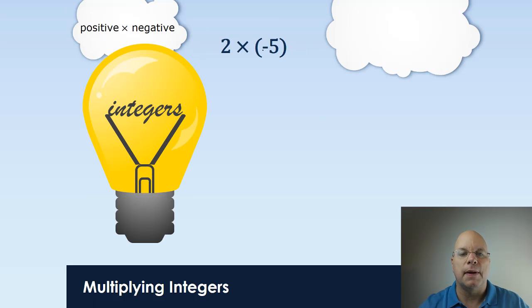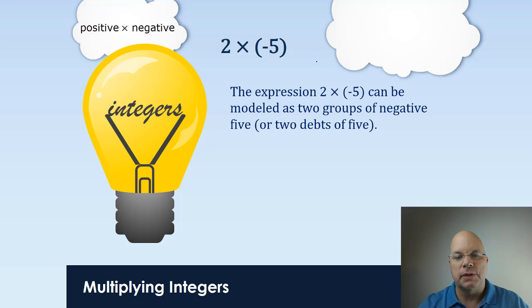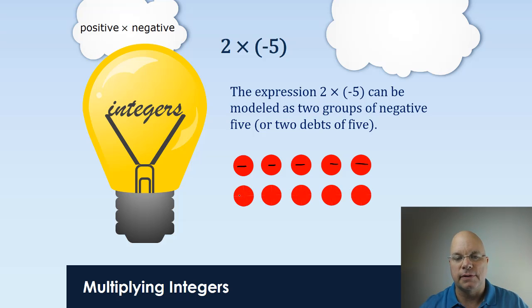If we have a positive multiplied by a negative, we can model it this way. I have 2 multiplied by negative 5. I have two groups of negative 5. Here's a group of negative 5. Again, the reds are going to be negative. So there's a group of negative 5, and here's my second group of negative 5. If I have two groups of negative 5, what do I have?